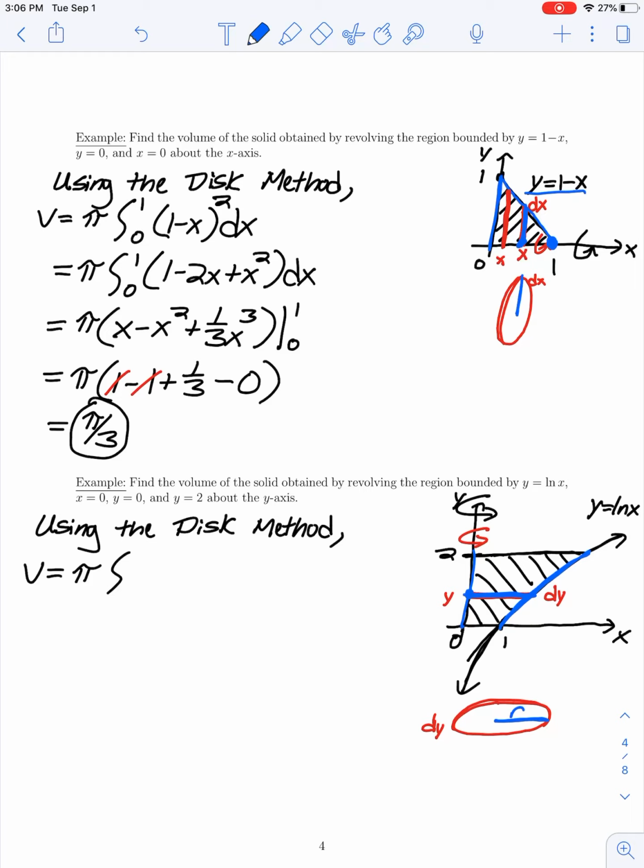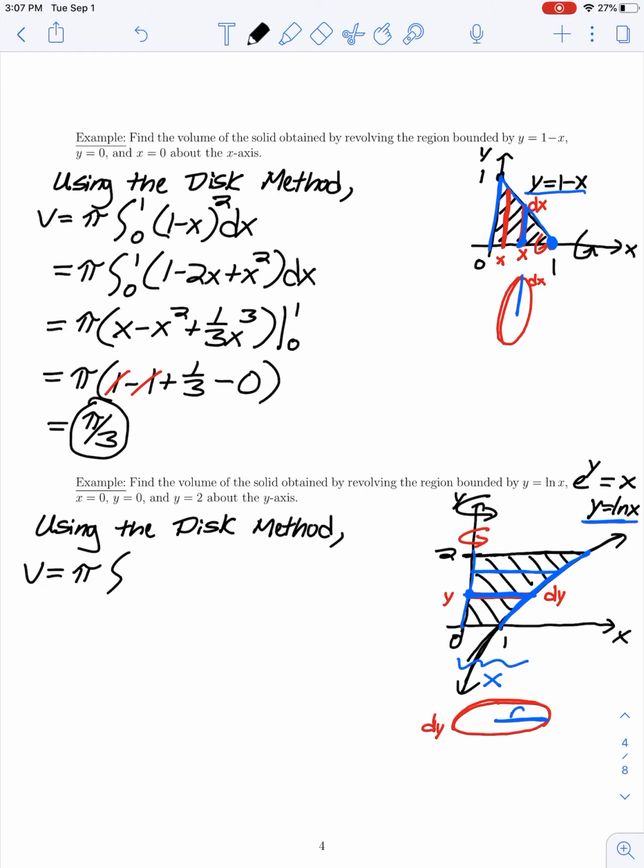Now that horizontal distance that we travel is what we call x. But my equation for this boundary curve, that is the distance I'm allowed to move outward, is given as a function, y as a function of x. So if I solve this equation for x by exponentiating both sides, I would have x is e to the y power.